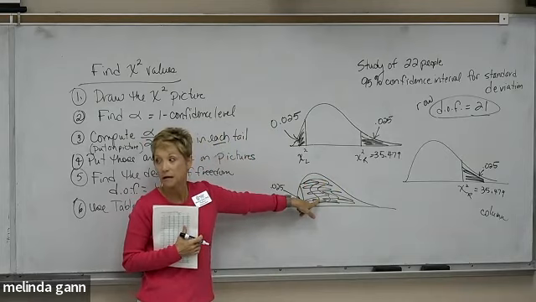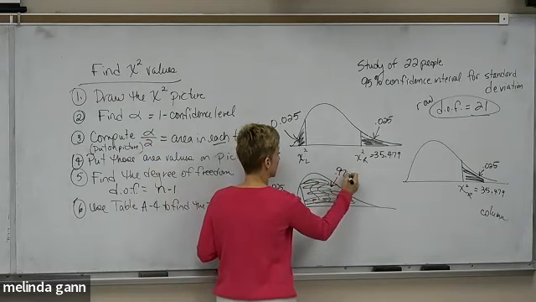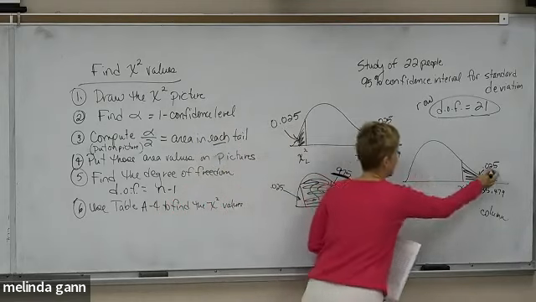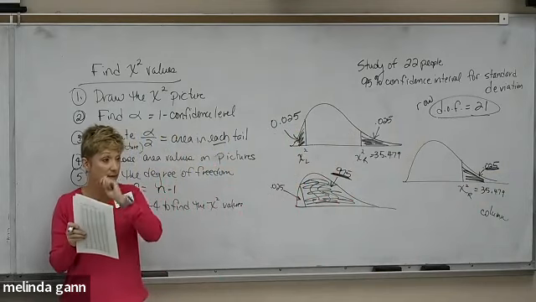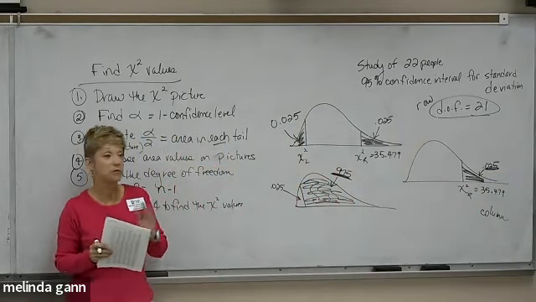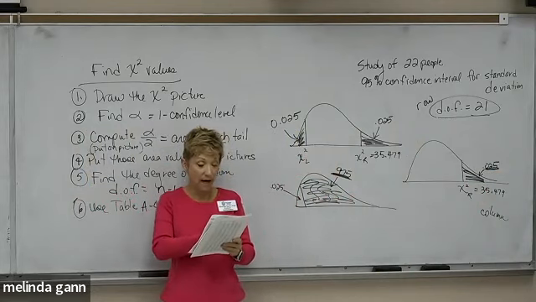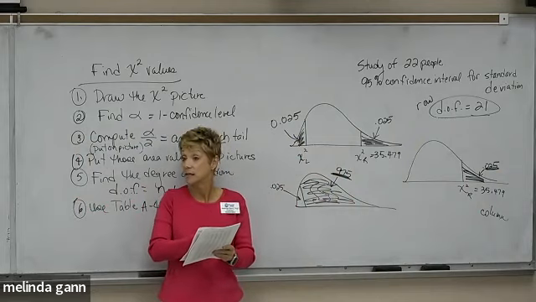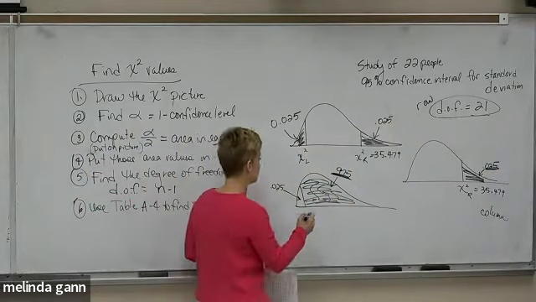How'd you get that? 1 minus it, right? That's the area I need, because to read the table, you have to have the area to the right. So now I'm still on row 21, but I go out to 0.975. What number is sitting there? 10.283.